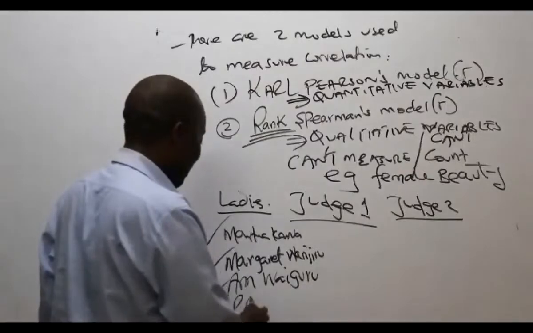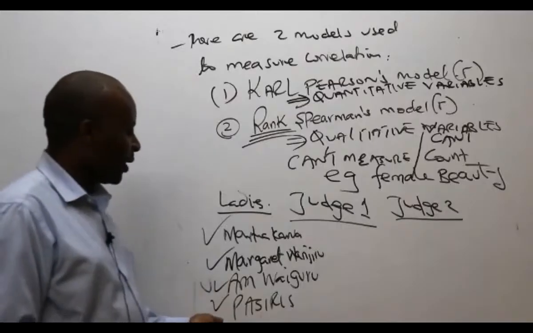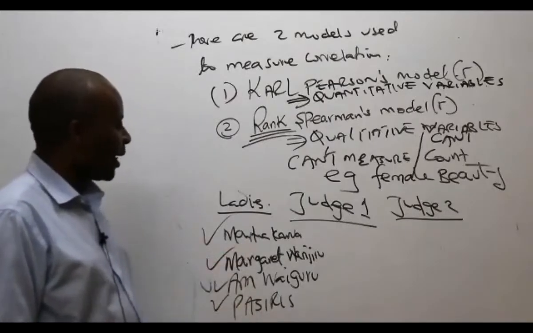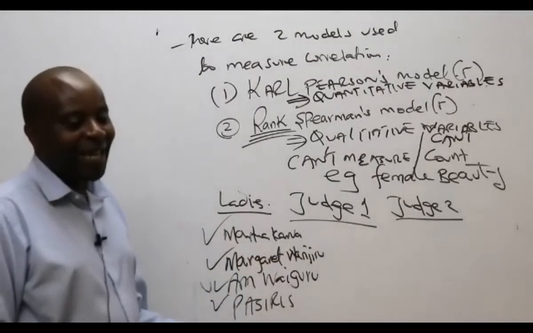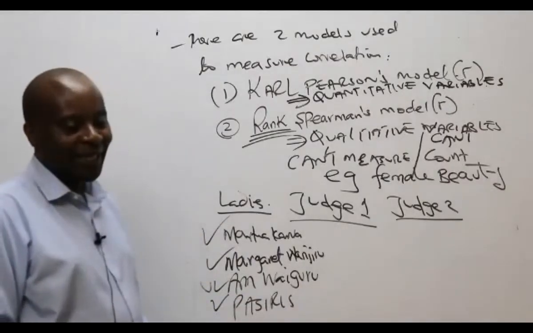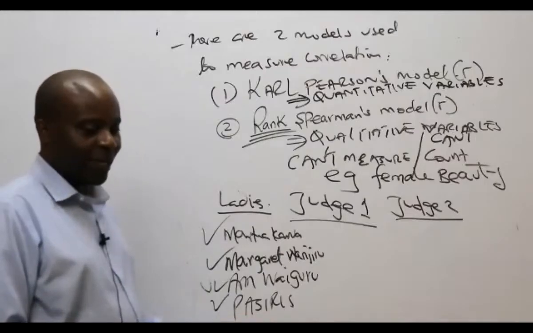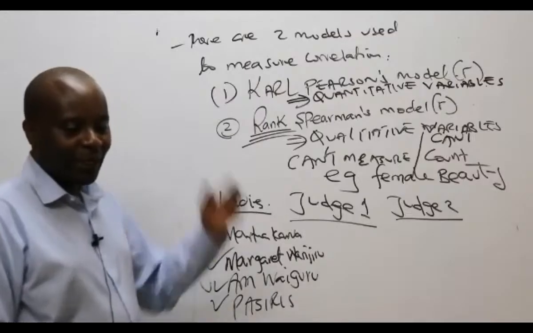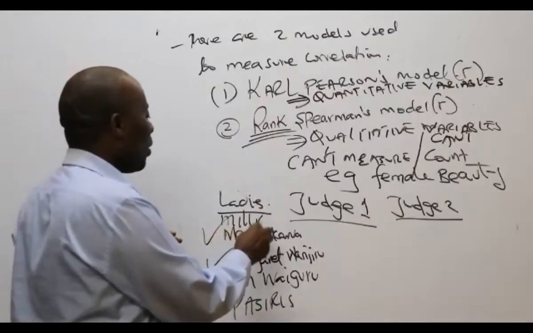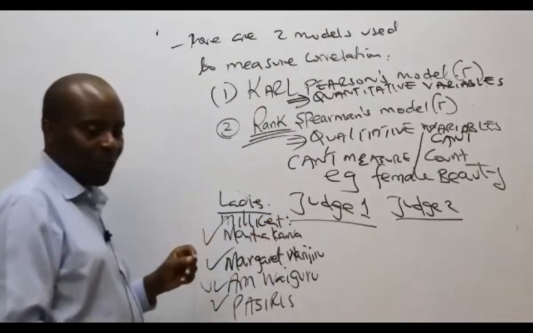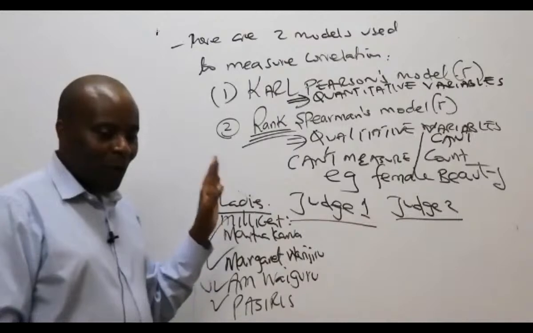Then we have Passaris. Aren't there politicians from Nyanza that you know are beautiful? Why are you all naming them from one side? Say another one, even from Nyanza. Millicent, yes. We have Millicent. Now I would want, in this case, ladies and gentlemen, for purposes of our study here, Gladys Omanga, yes.